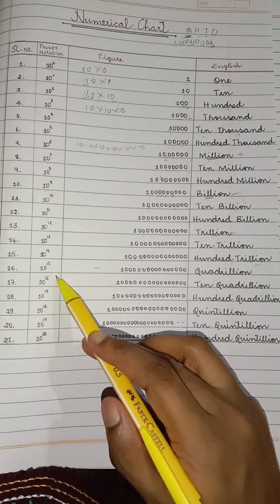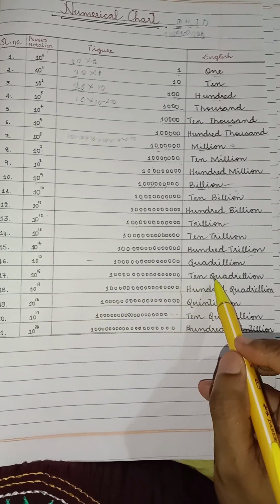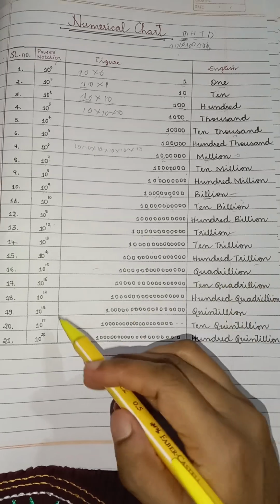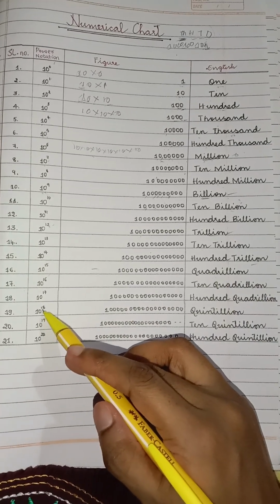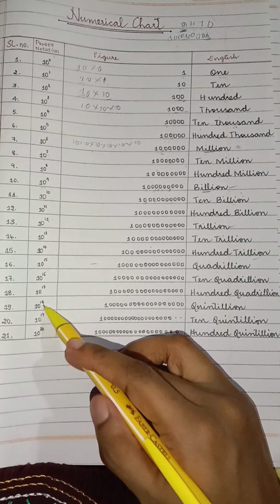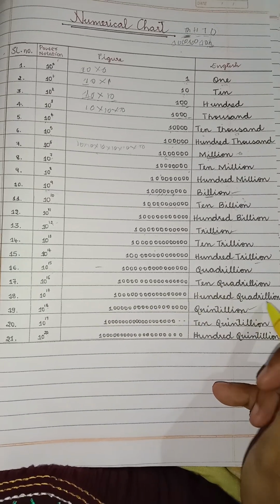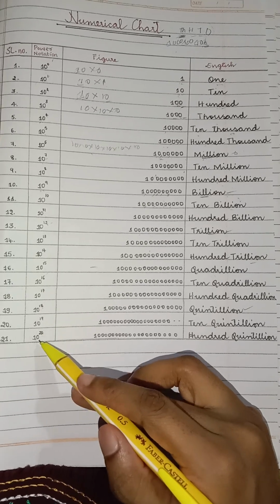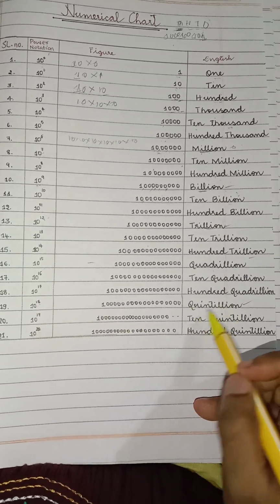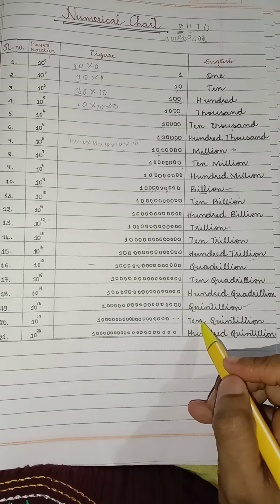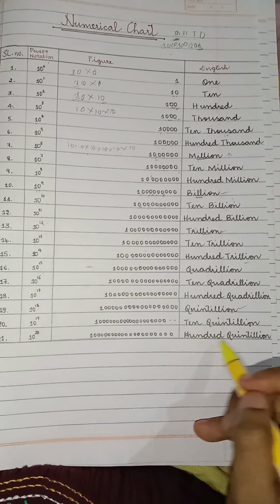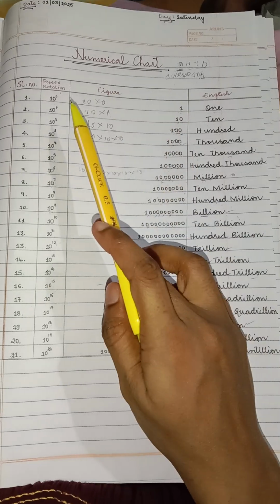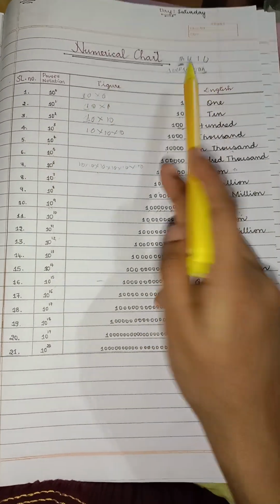When it is multiplied 16 and 17 times, it is called 10 quadrillion and 100 quadrillion. Next, at the power notation of 18, it is called a quintillion. At the 19th and 20th power notations, it is called 10 quintillion and 100 quintillion.